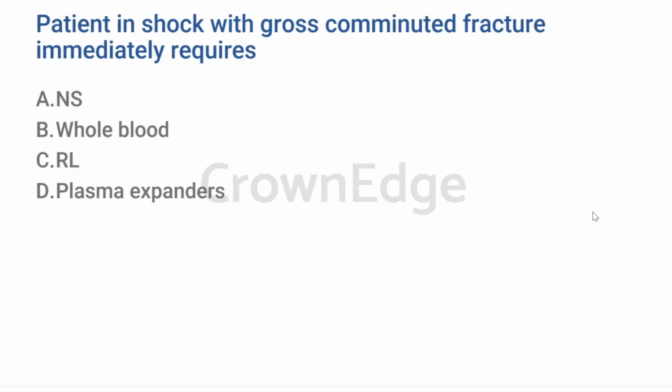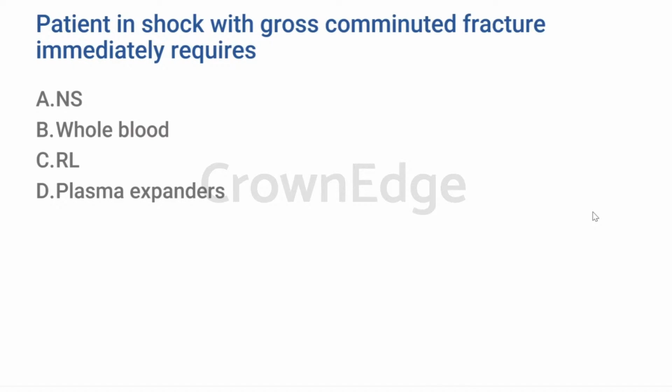Can anyone tell me why you think it is RL, or C? I can see 4 to 5 people answering. What do you mean by fluid management? The rest are all also fluids, right? Plasma expanders, whole blood, and NS. So you need to know why exactly you're giving that as well. Okay?